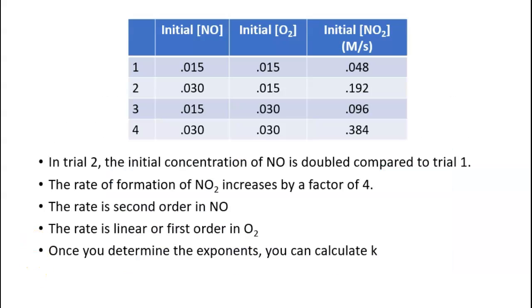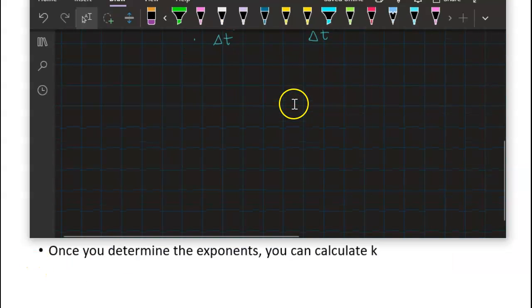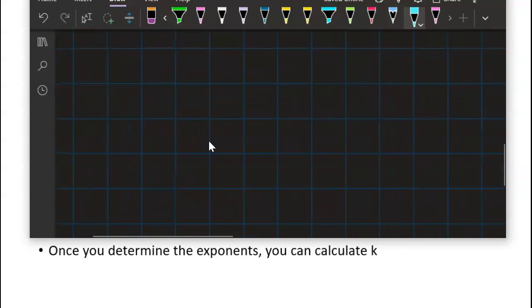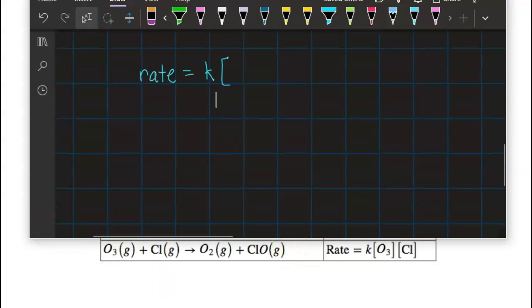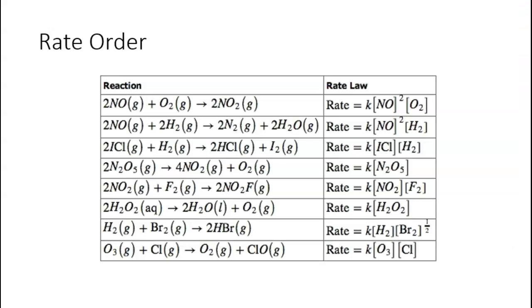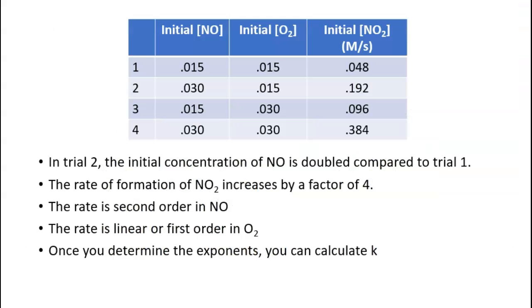Let me do that for you here. Whenever you write these rate laws, you're going to write rate equals, and you're always going to have this constant of proportionality K. You're also going to have all of the reactants written in the rate law, so we have NO and O2.